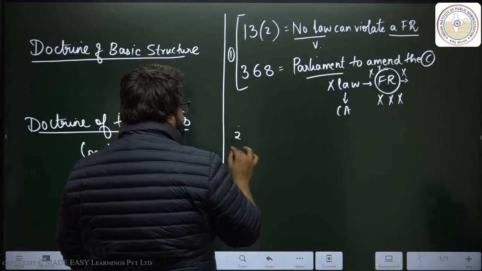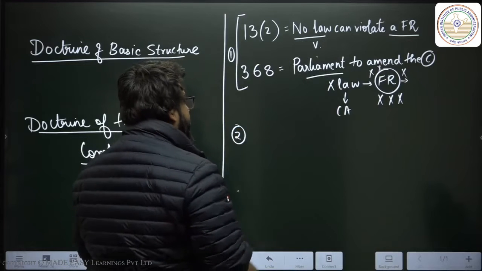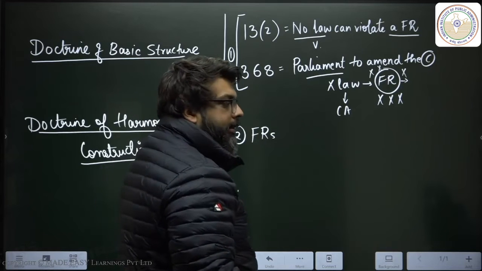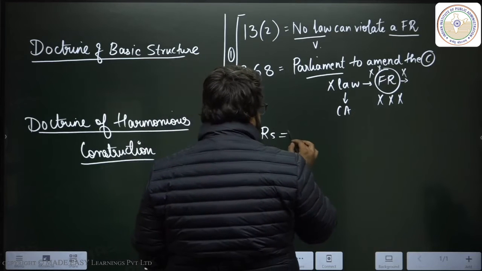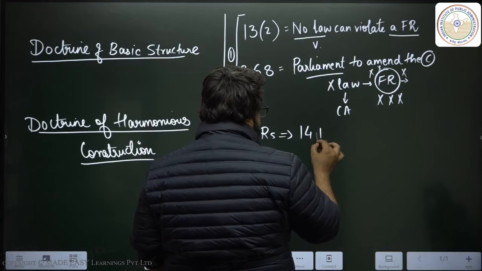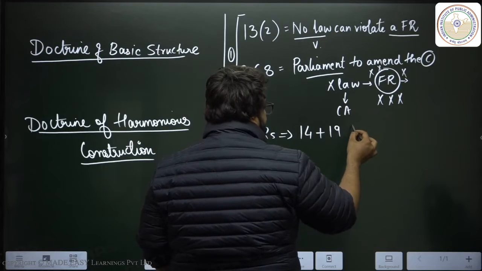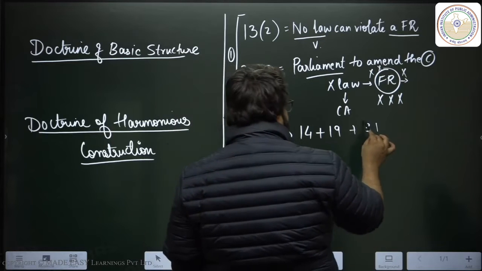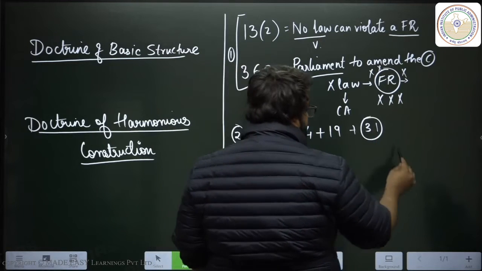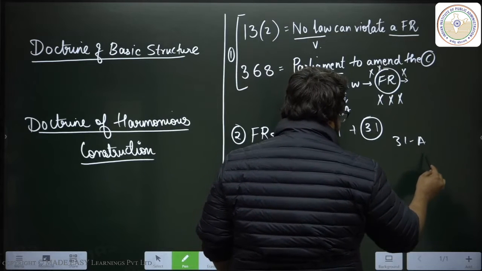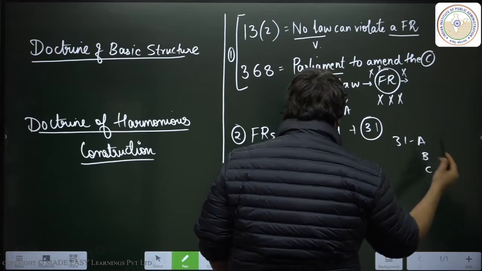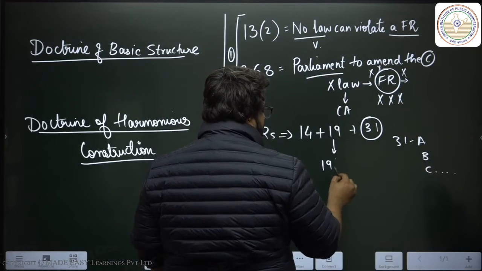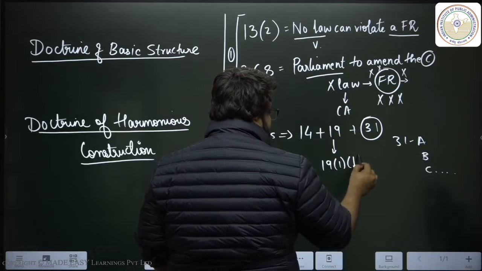The second set of protagonists are going to be your fundamental rights. These fundamental rights pertain to Articles 14, 19 and 31. There will be several amendments which will be made to 31. So 31A, B, C, so on and so forth. And particularly Article 19 Clause 1 Clause F. Right?